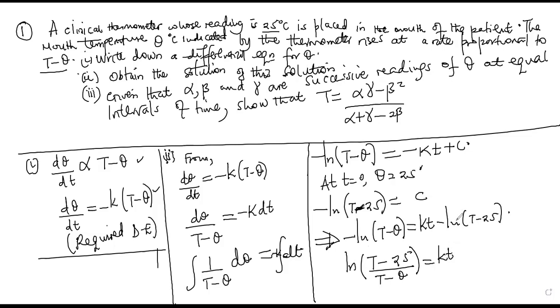When it comes this side, it will be positive, so it will be ln T minus 25 minus ln T minus theta. But ln behaves as a logarithm, so where you have ln T minus 25 minus ln T minus theta, we have to divide.